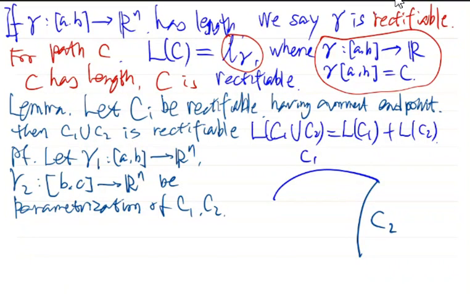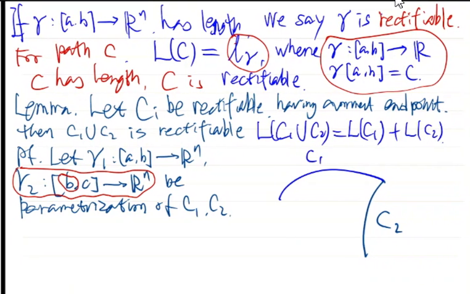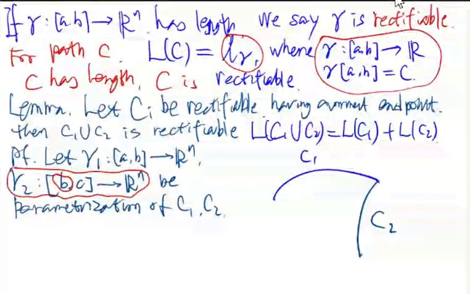Of course, you might wonder why we can assume that gamma 2 is defined in the interval whose left endpoint is B. In general, gamma 2 is defined in an interval alpha beta, but the alpha might not be B, right?